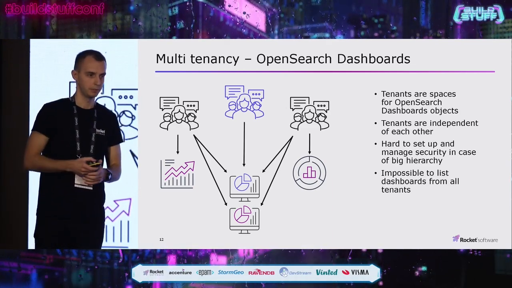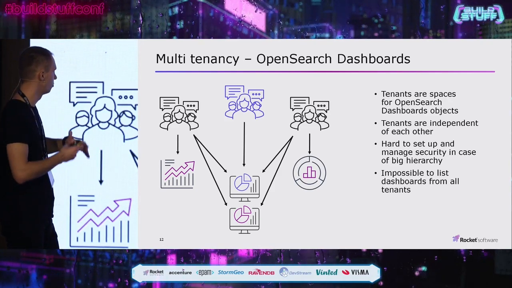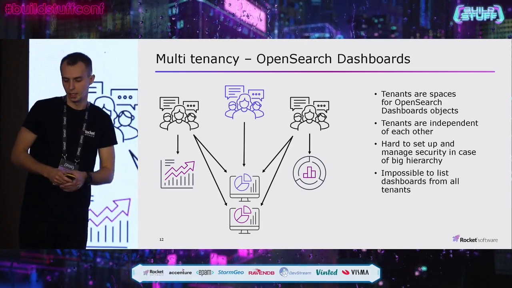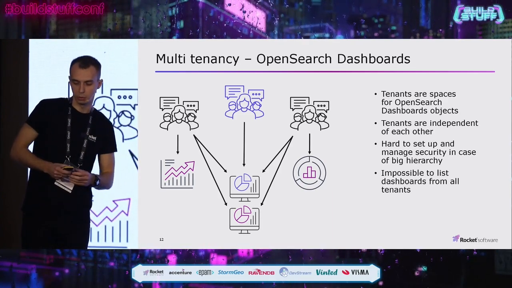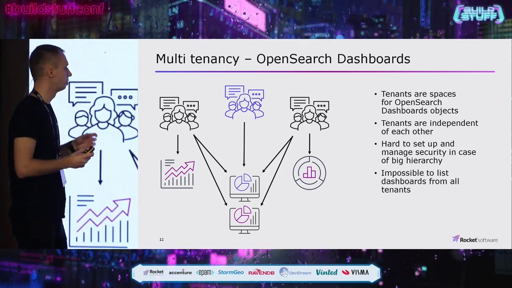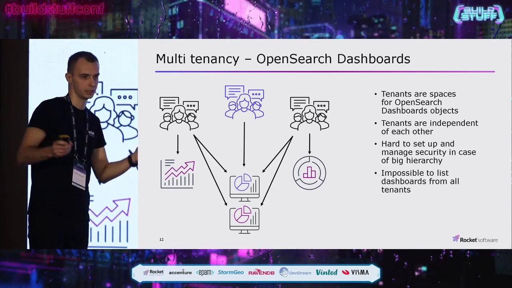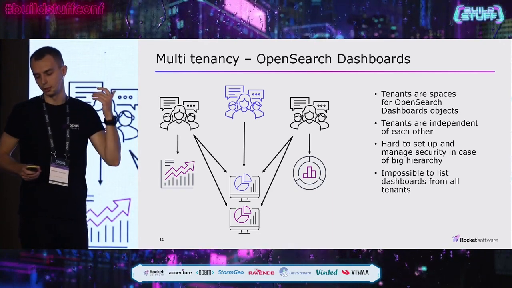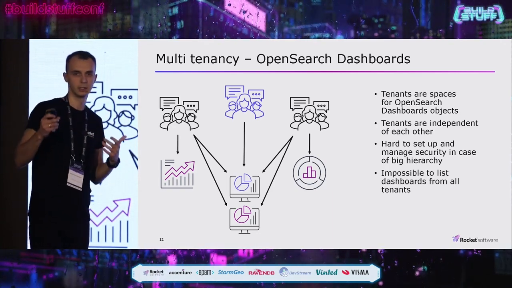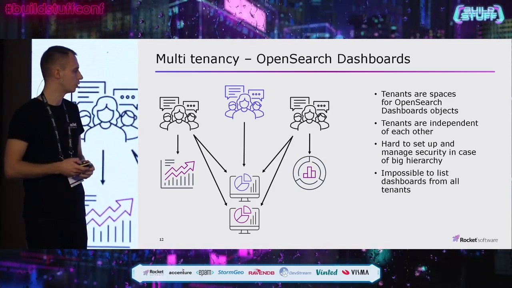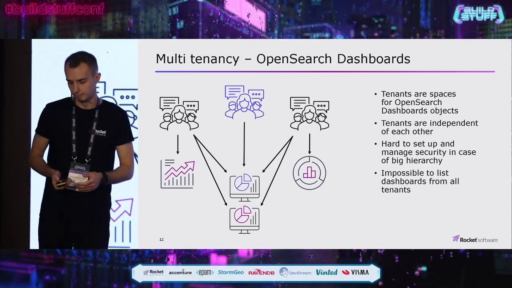And as you can see, it's really hard to manage if you have many dashboard sets and a lot of teams. Another point I want to mention is that you cannot list all dashboards from all available tenants. You can see at one point in time only the dashboards of this specific tenant, so it's sometimes hard to find the dashboard you need.